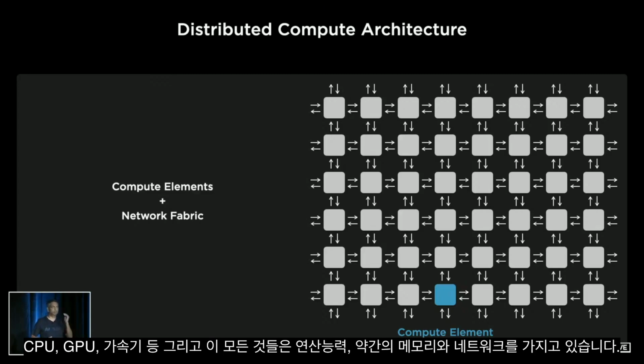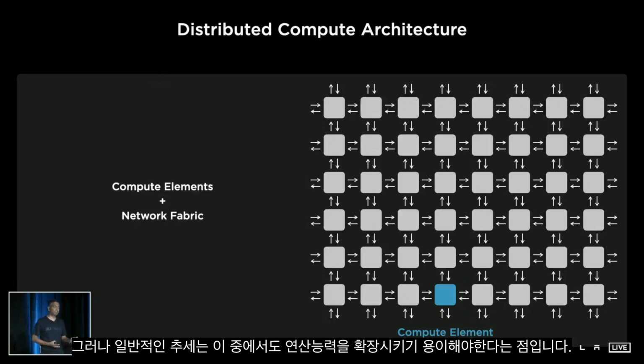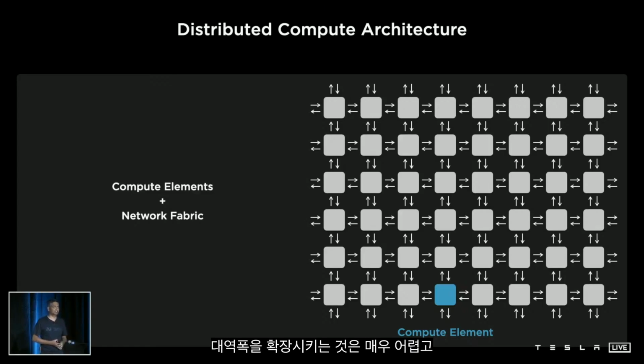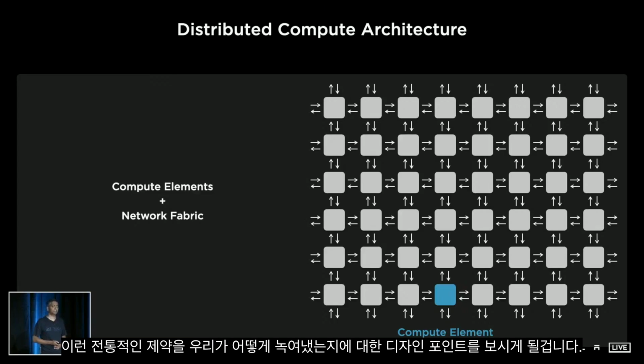CPU, GPU, accelerators, all of them have compute, little memory, and network. But one thing which is a common trend amongst these is it's easy to scale the compute. It's very difficult to scale up bandwidth, and extremely difficult to reduce latencies. And you'll see how our design point catered to that, how our philosophy addressed these aspects of traditional limits.